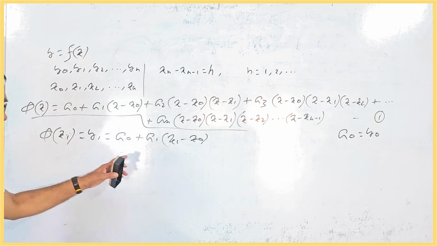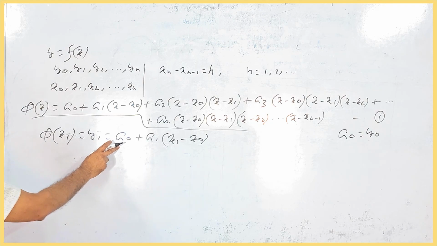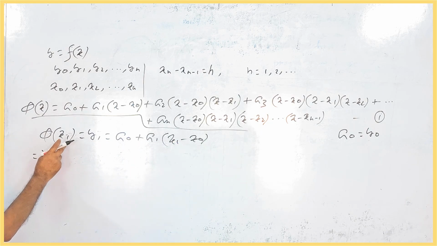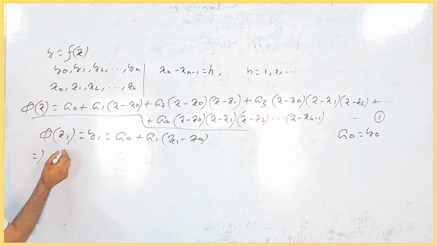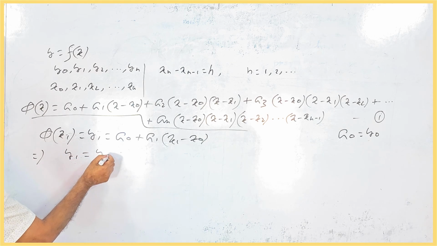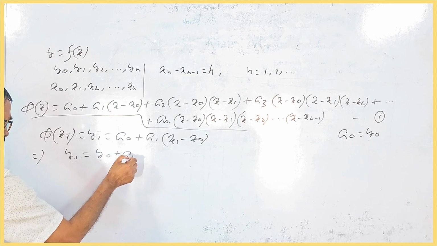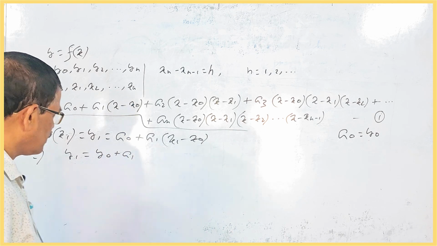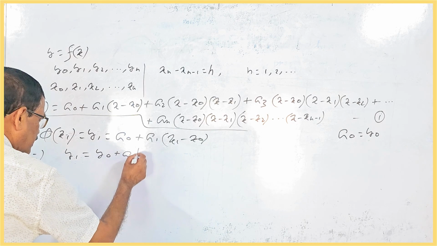Now I can put the values of a0 and x1 minus x0. So y1 equals y0 plus a1, and the difference between x1 and x0 is h.